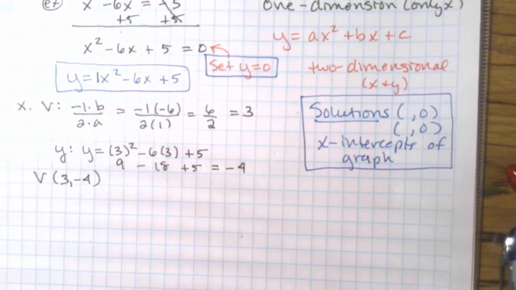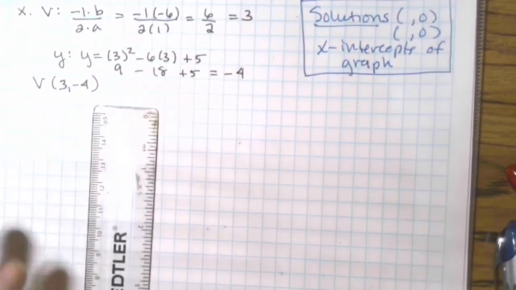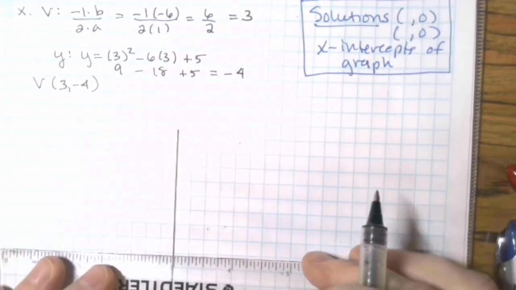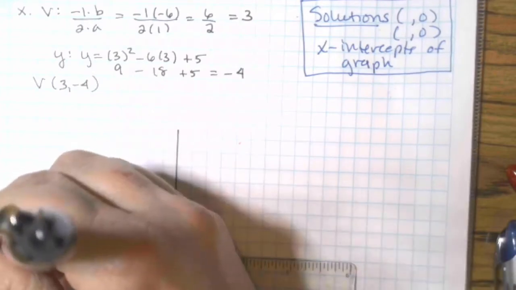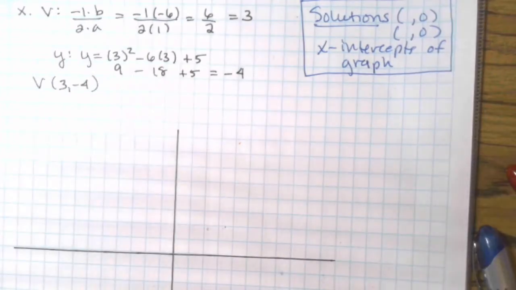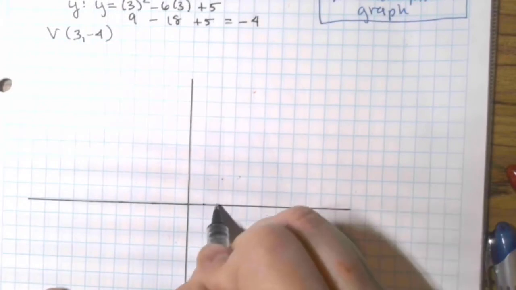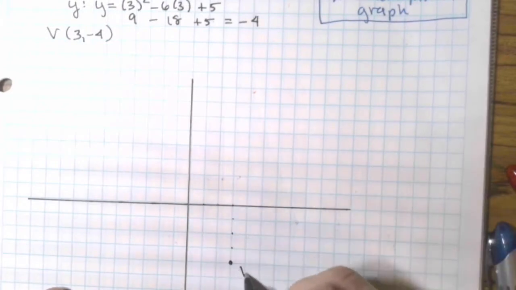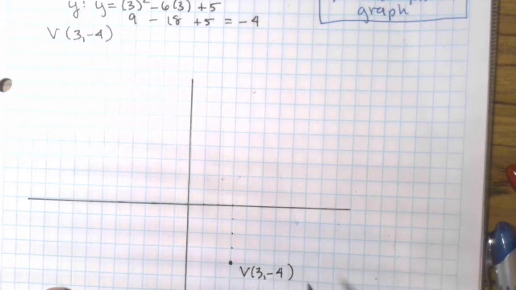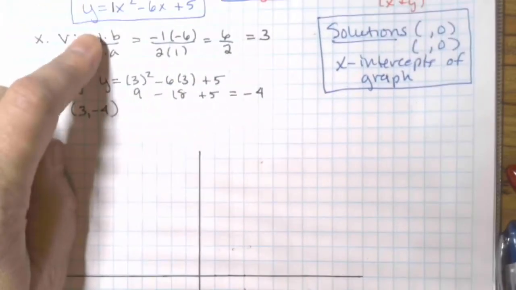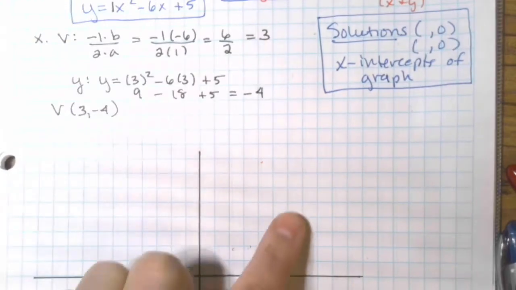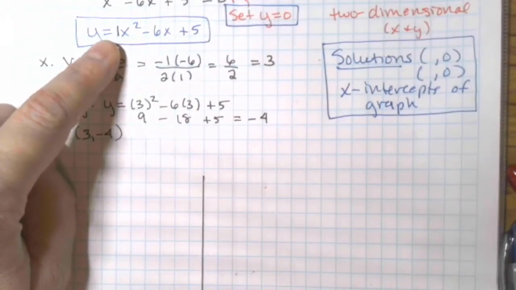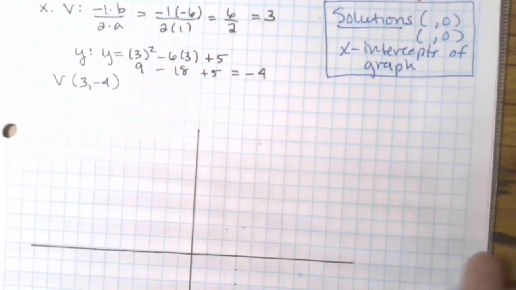Now we're instructed to solve this graphically, so we're going to start making our graph. So draw yourself a good pair of axes. Remember, it needs to be bigger than a Post-it. Put your vertex in. 1, 2, 3 to the right, and 1, 2, 3, 4 down. Now our a value in this is a +1, so this is going to open upward. The a value is also equal to 1, so this is a medium bell.